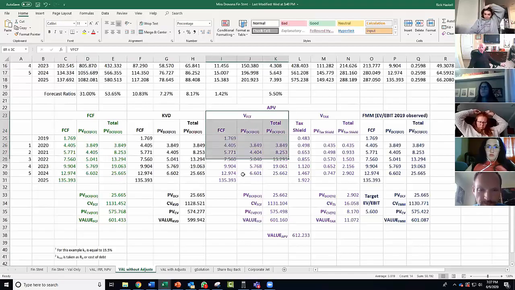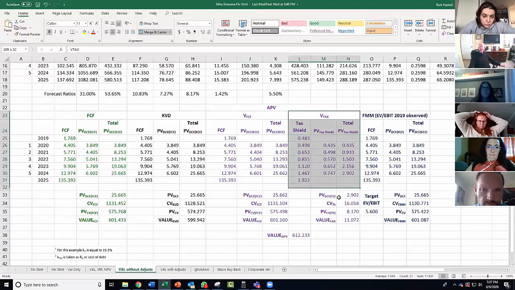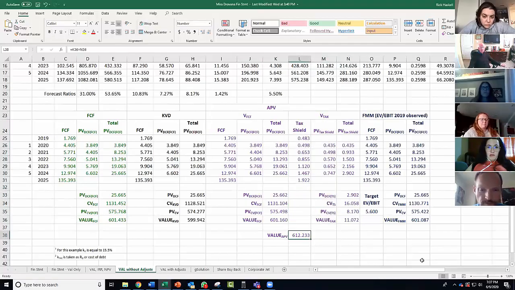Notice that when I do that, the value from the free cash flow equals the value from the free cash flow, right? To which we're now about to add another small value. And if we do that, the two different valuation models by design will give us two different values, because you can't take some value and add something to it and say that it was still the same value.